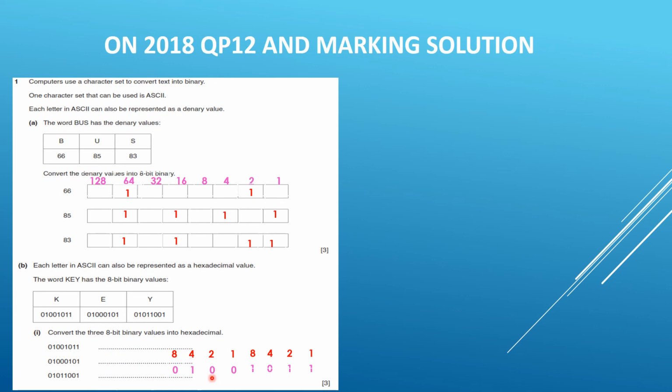Now I'll find the equivalent hexadecimal values. The first group gives me 4 and the second group gives me the value 8 plus 2 is 10, plus 1 is 11. 11 is equivalent to B. So I have the value 4B for the first binary value given in the question.